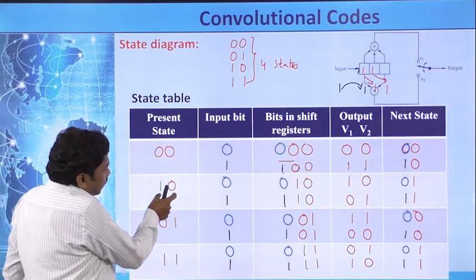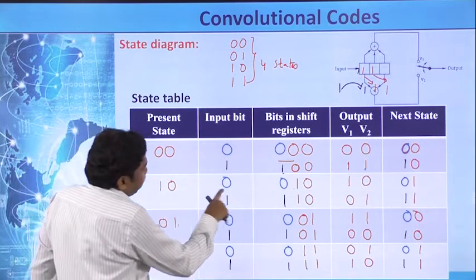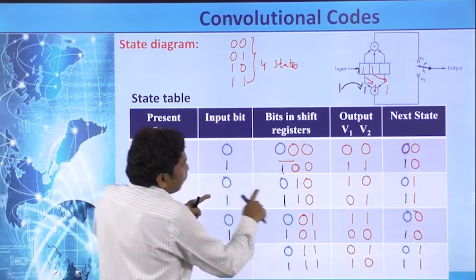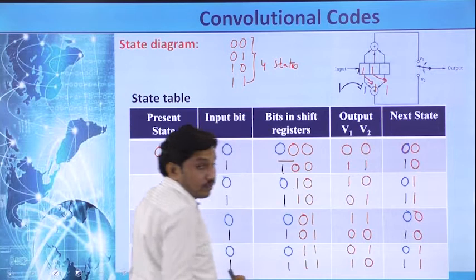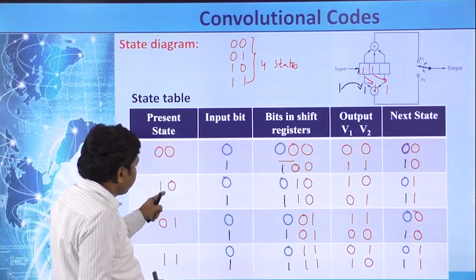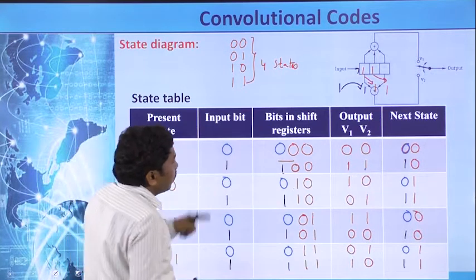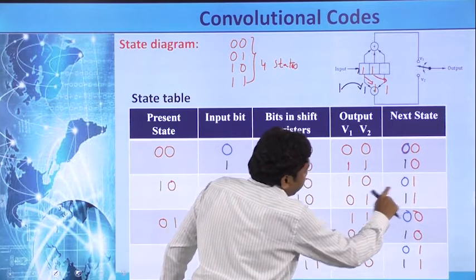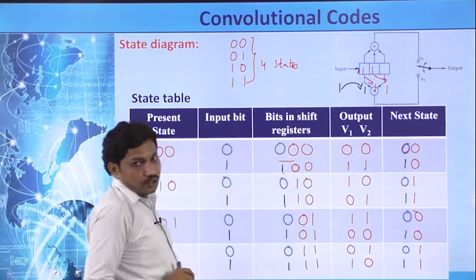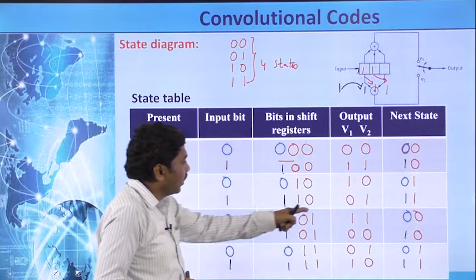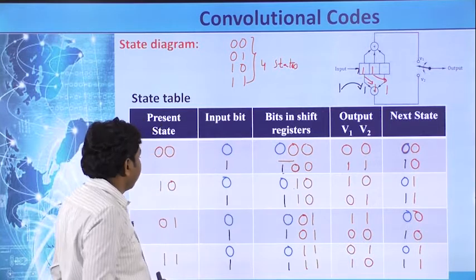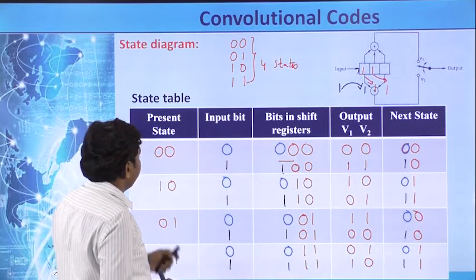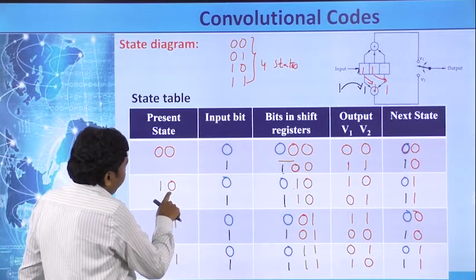The present state is 1 0. When the input bit is 0, it moves into 0 1 state with the output bits 1 0. Present state is 1 0.